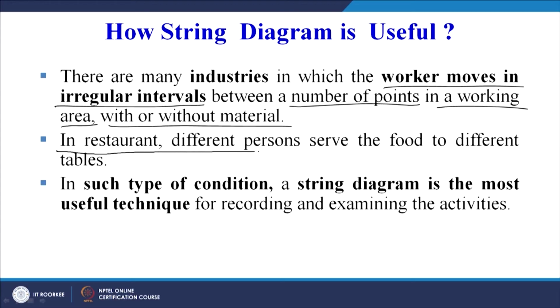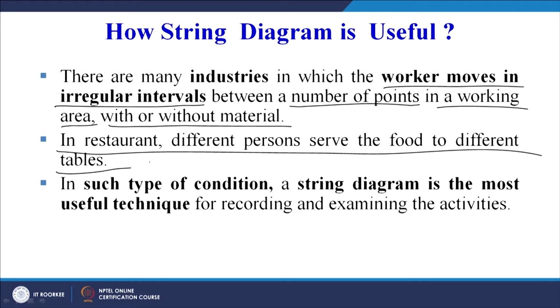So, he may be sometimes moving to the table without the material, sometime he may be moving to the table with the material or with the food item. So, those are irregular movements of the worker, just an example of irregular movement of the worker in the working area. For example, it is given in restaurant, the different persons serve food to different tables.